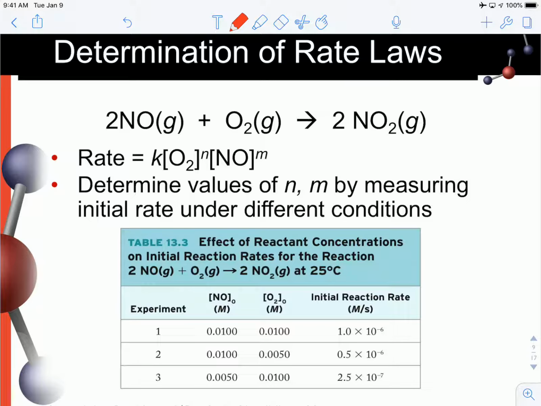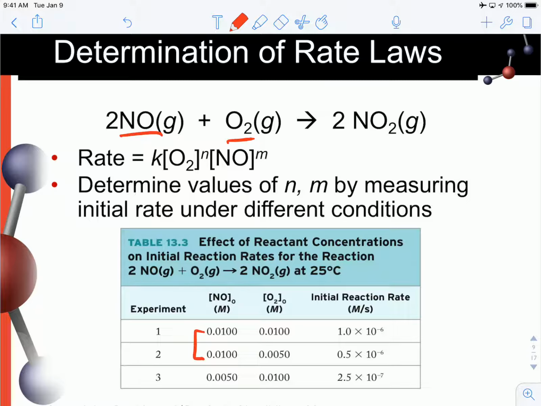It's much easier to hold one constant. This whole idea of initial rates, that's what you're doing. We run 3 tests, and we're trying to figure out how the rate depends on our 2 reacting species, which in this case are NO and O2. So in trial 1 and 2 here, we're going to hold the concentration of NO, as you can see, constant.